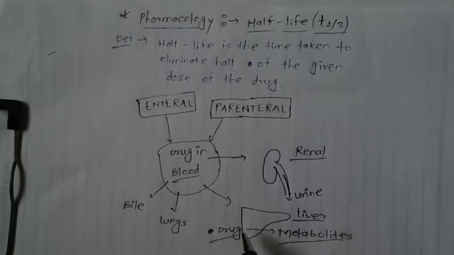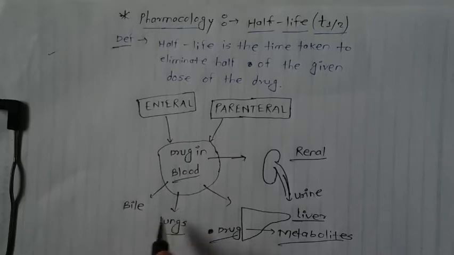In the liver, lipid soluble drugs are metabolized to water soluble ones and excreted through bile or urine. Some drugs, that is volatile drugs, can also be eliminated through the lungs, and other drugs can be eliminated through bile. So these are the routes of elimination of the drug.